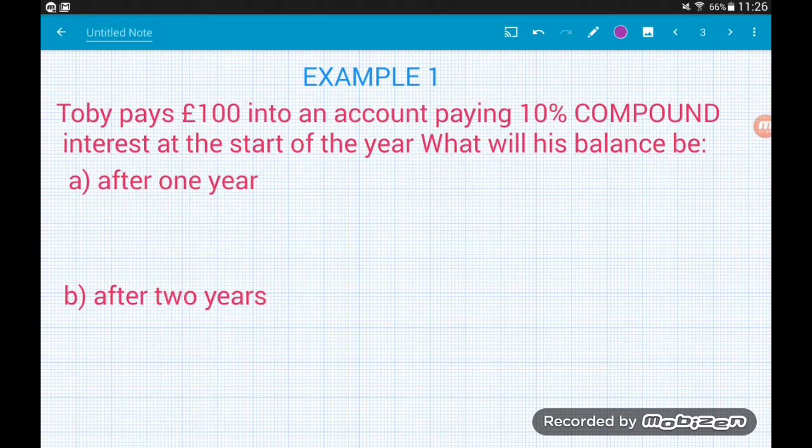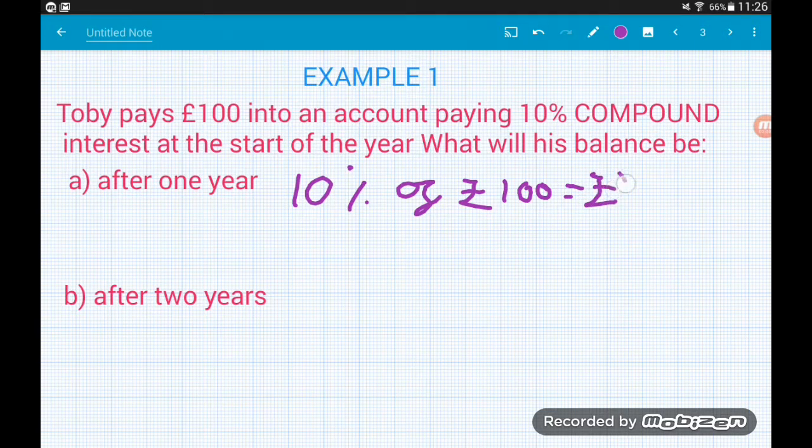Let's find 10% of £100, which is £10. So he's going to earn £10 of interest. So his new balance will be £110.